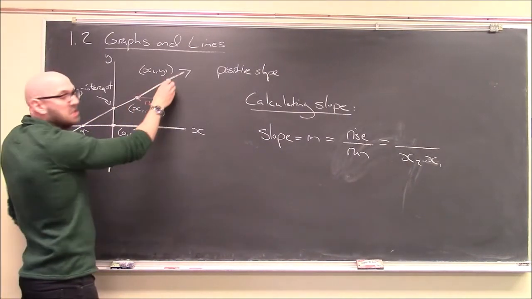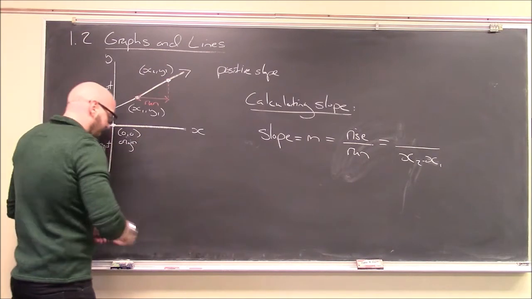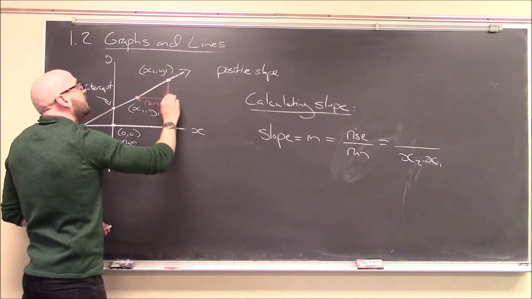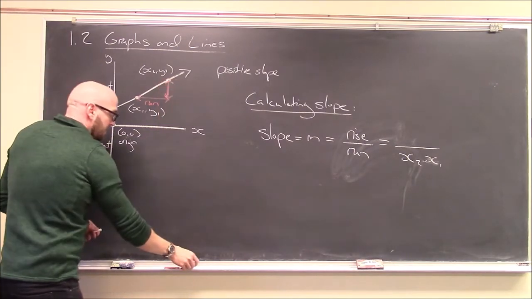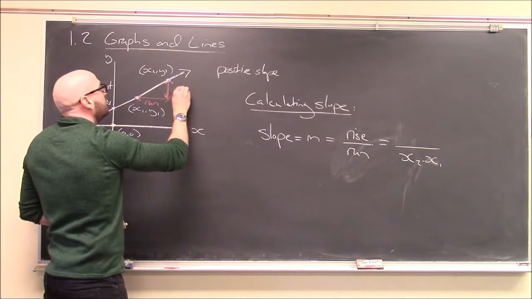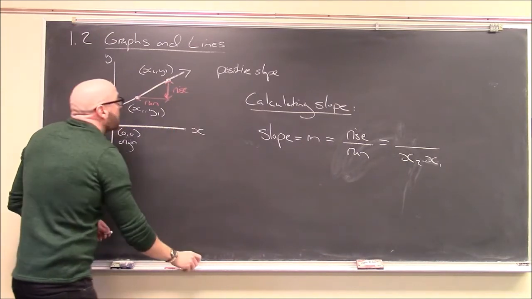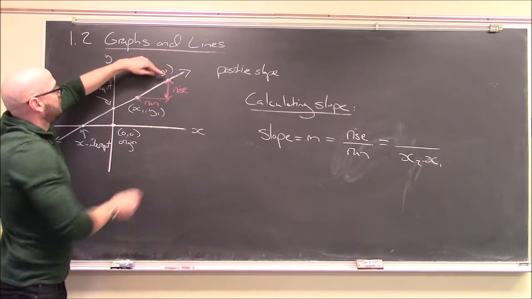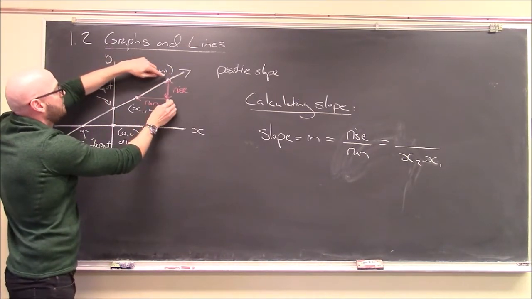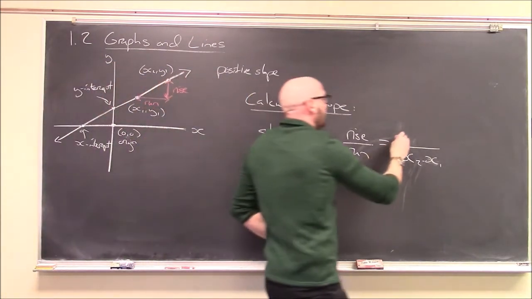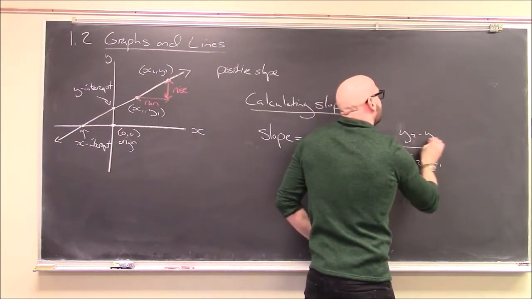Well, the rise is the change in the y coordinates, right? So what is this distance? Well, this distance, which is the rise, would be this y coordinate. So this height up here is y2 minus this y coordinate down here, which is y1. So the rise is y2 minus y1.